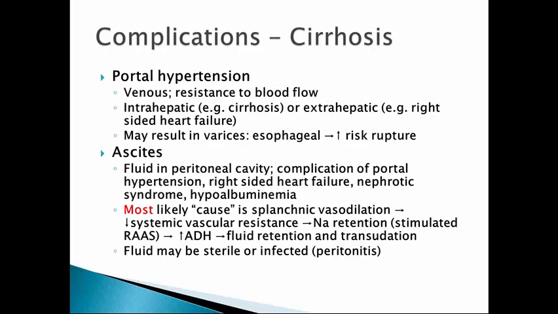Now, one of the biggest things we are worried about with portal hypertension is that this may result in esophageal varices. Varices are strictly defined as weak areas in the venous vessels. So when you look at these esophageal varices, one of our concerns would be the risk of rupture.